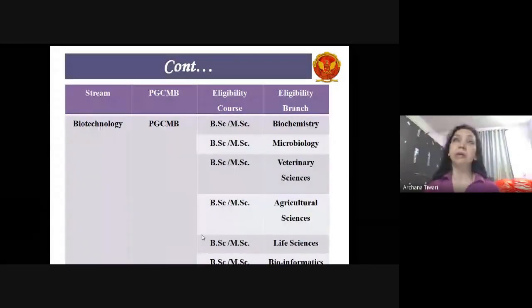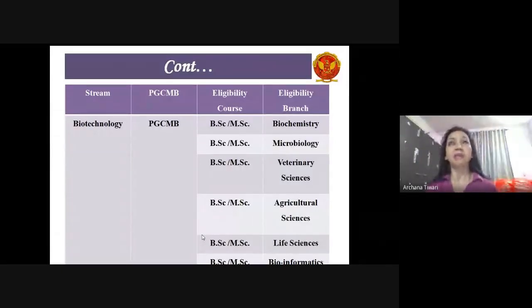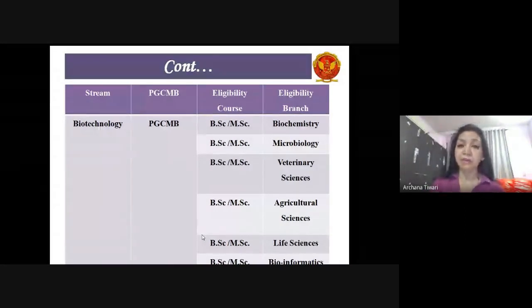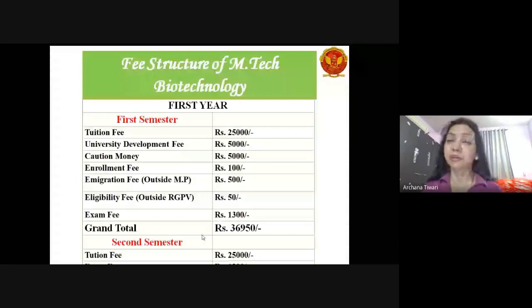That is different from MTech Biotechnology: undergraduation in any of the branches of life sciences, biological sciences, or MSc in any of the disciplines of biochemistry, say BSc or MSc in microbiology, veterinary sciences, agricultural sciences, life sciences, bioinformatics. These are the eligibilities to take admission in either MTech Biotechnology 4-semester, 2-year course, or PGCMB, the postgraduate certificate program in medical biotechnology, 2 semesters, 1-year course.